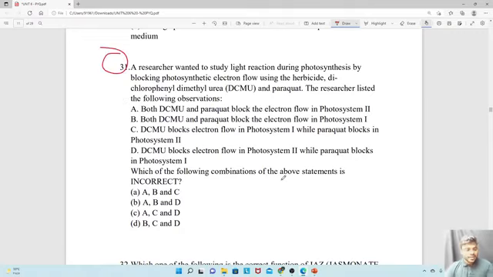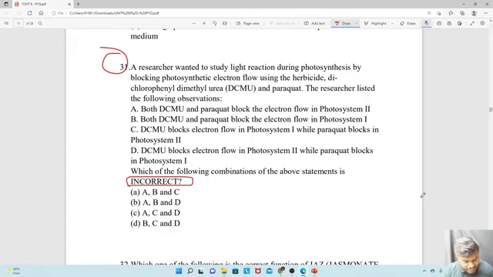Question number 31. It's also a very simple question. Friends, please look into the question carefully. What have they asked? You look into this. They have asked which is incorrect, not the correct, friends.